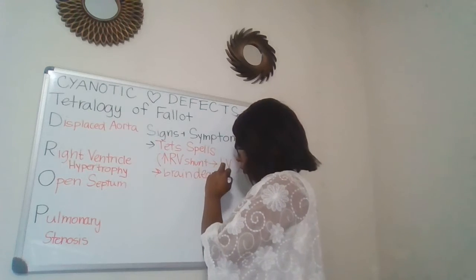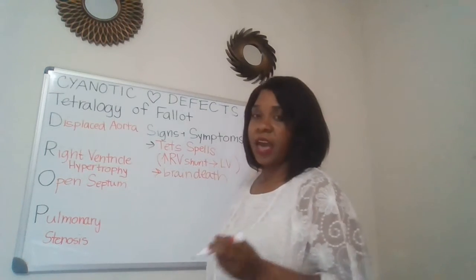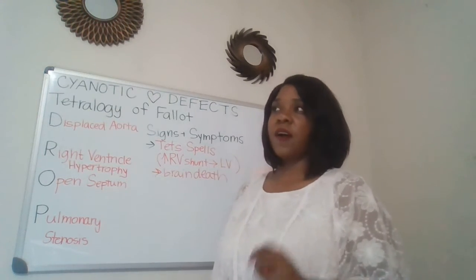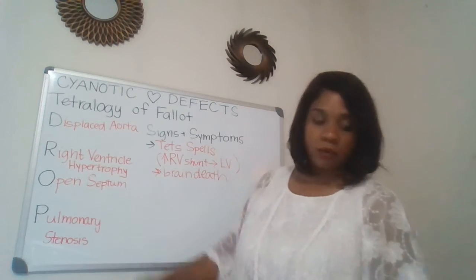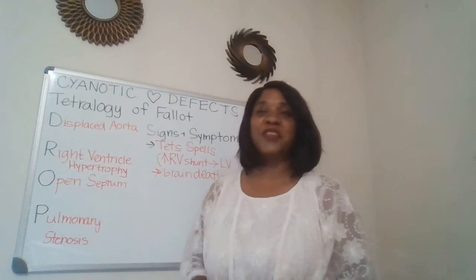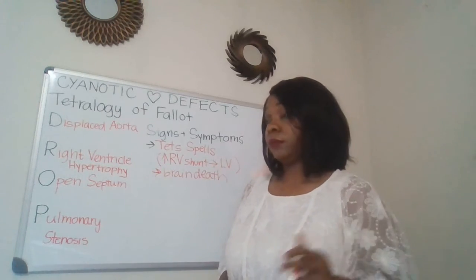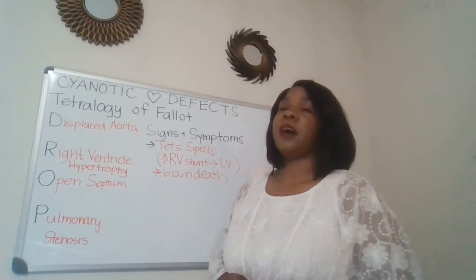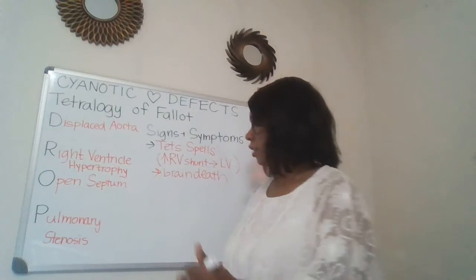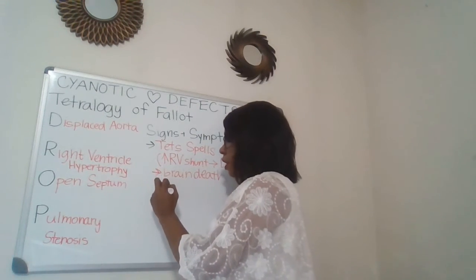Now, anything that adds to the stress of the heart, in regards to TET spells, is dangerous. So let's think. With a baby, what are we going to think about? Crying. Crying's one.